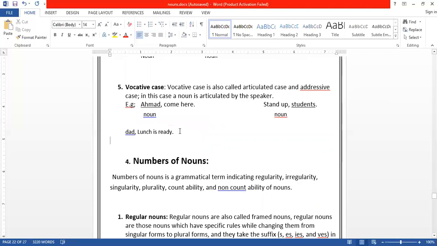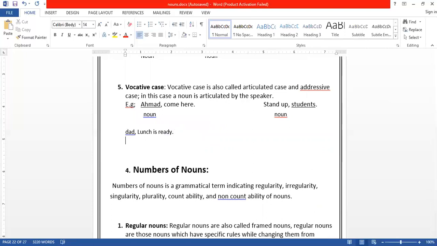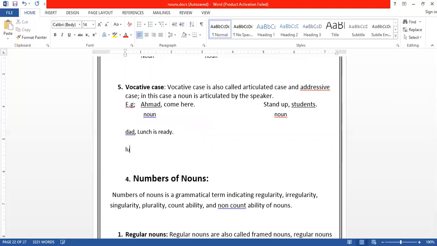You can also use the vocative case at the end of the sentence. For example, I can say lunch is ready, comma, date. So the vocative case of noun can come at the beginning or at the end of a sentence. If it comes at the beginning, we use a comma after it, or if it comes at the end, we use a comma before it. So that is called the vocative case of noun.